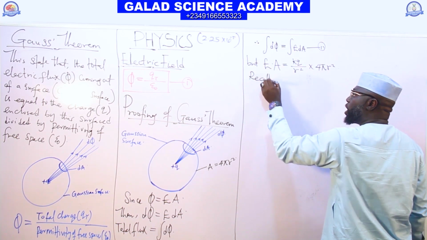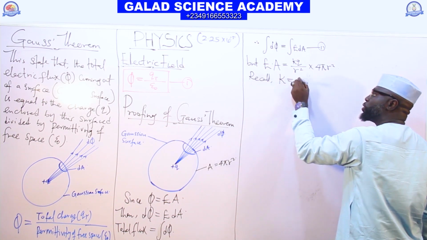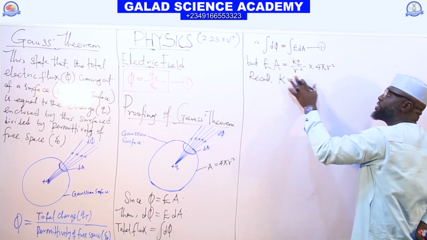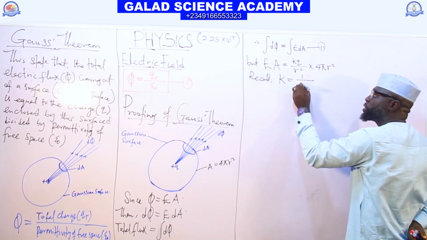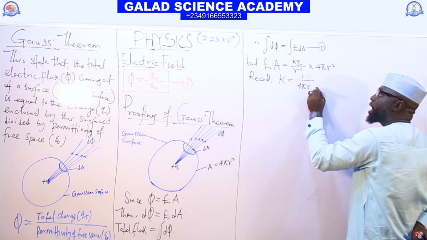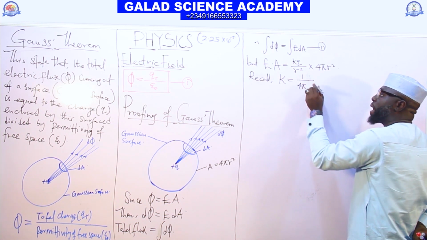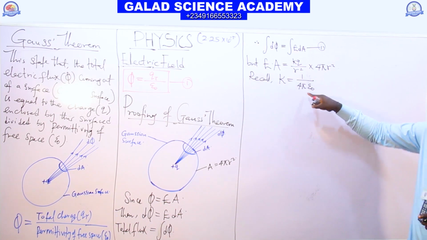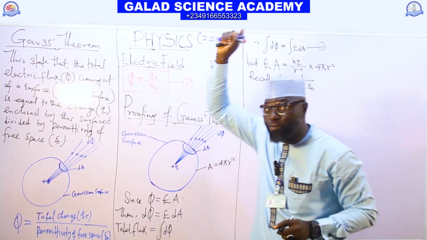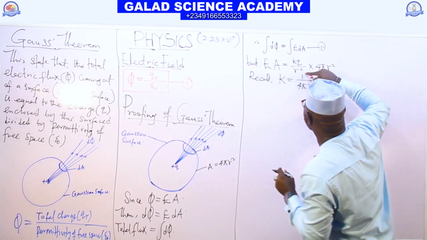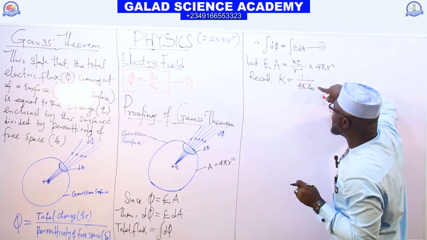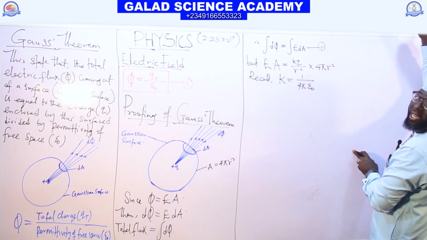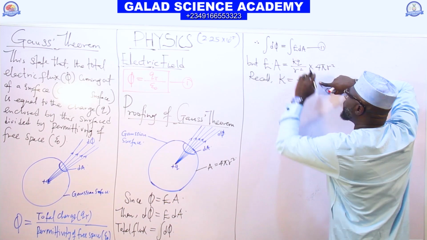Recall that K is also equal to 1 over 4 pi epsilon naught. This K, if you remember from Coulomb's law, I said K is 1 over 4 pi E naught, which is the same thing as 9 times 10 raised to the power 9.